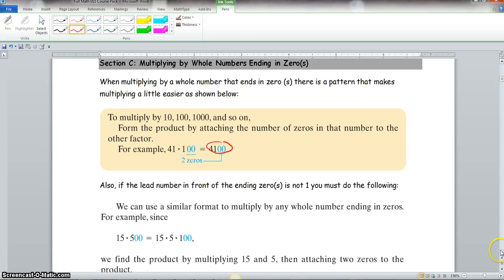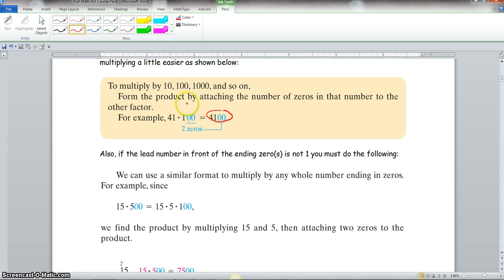Now, there are situations where you're multiplying by a factor of 10 where your lead number is not 1. It says here, we could use a similar format to multiply by any whole number ending in zeros. For example, 15 times 500. We know that that's really 15 times 5 times 100.